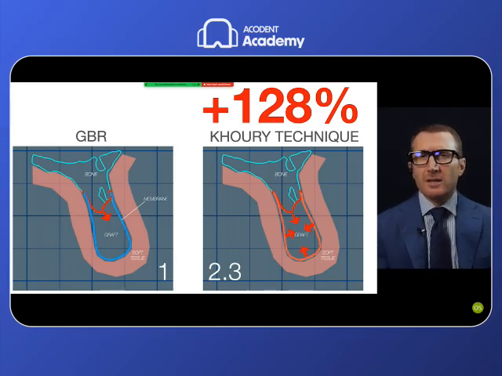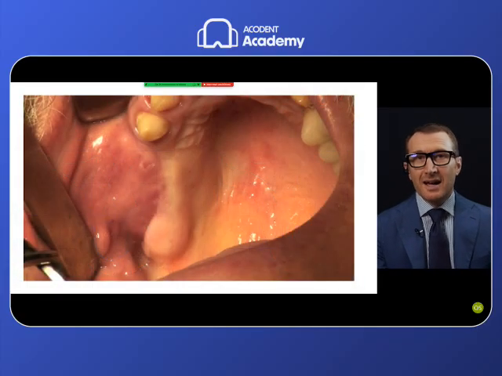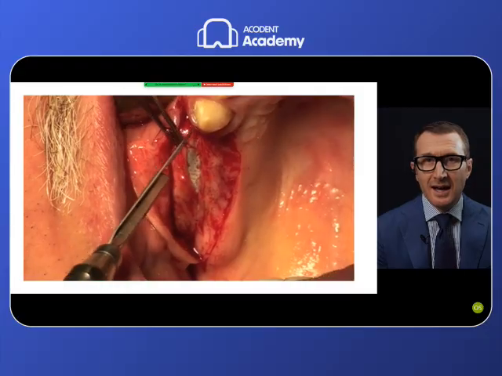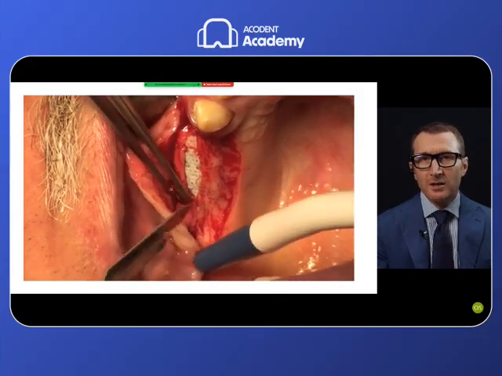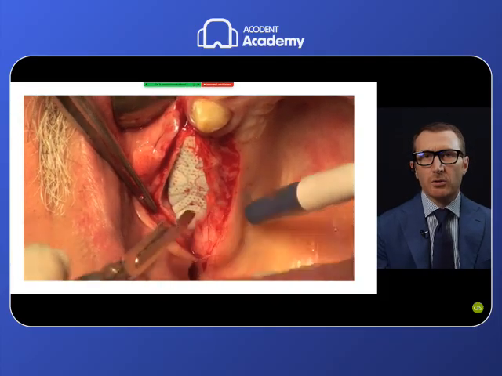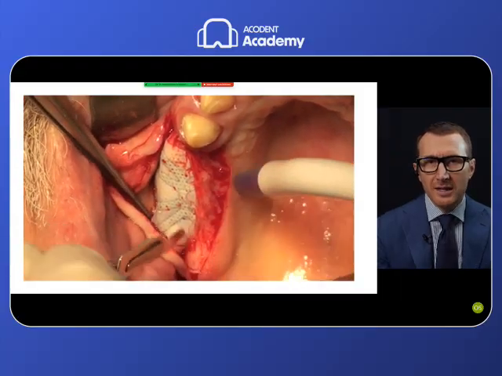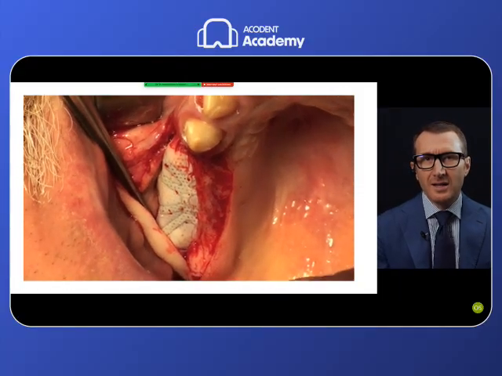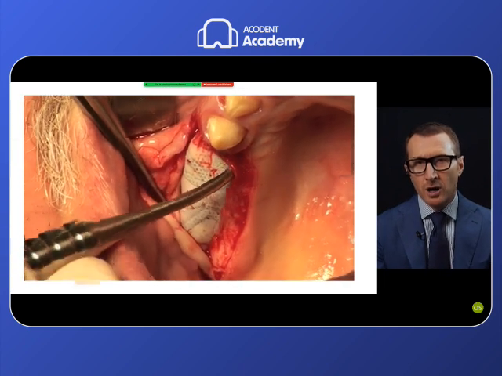So what is the meaning of this clinically? The meaning is that anytime, for example, you are taking out a PTFE membrane after 6 or more months, you can clearly see that there is no vascular support or vessels going from the tissue to the grafted area. So this can have a negative effect or not.